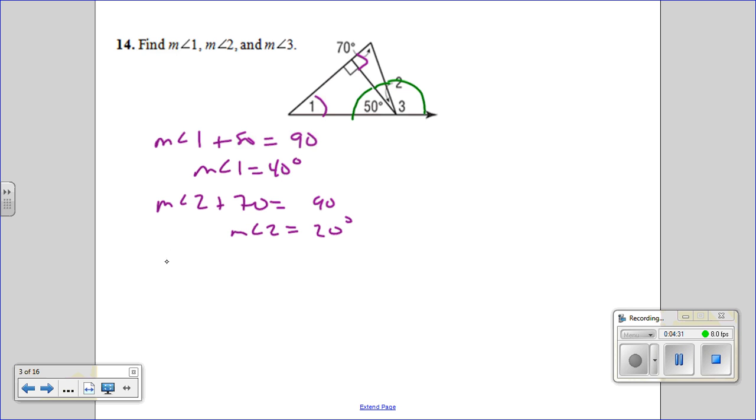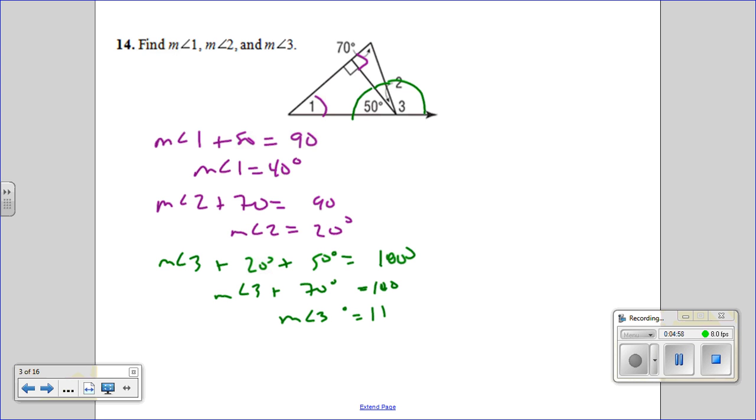So the measure of angle 3 plus 2, which we said was 20 degrees, plus 50 degrees is 180 degrees. So the measure of angle 3 plus 70 degrees is 180. So that means the measure of angle 3 has to be 110.